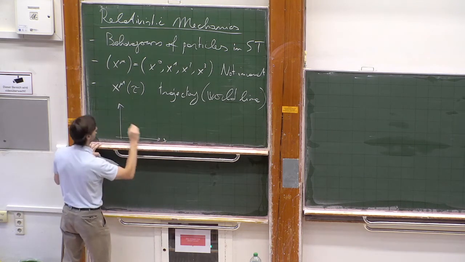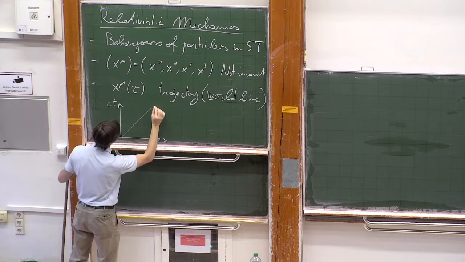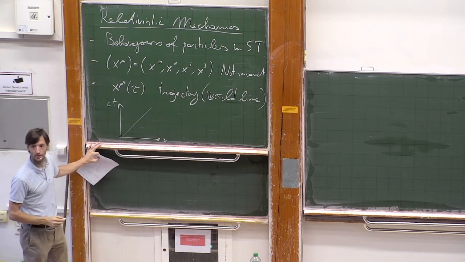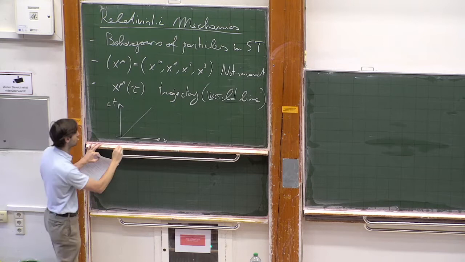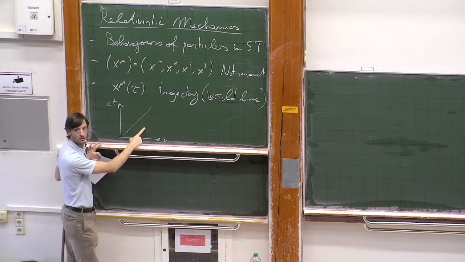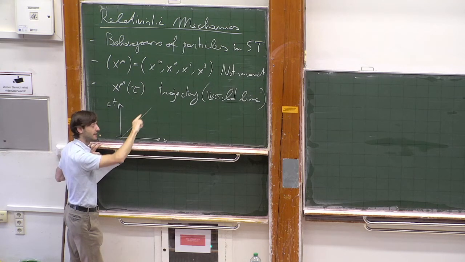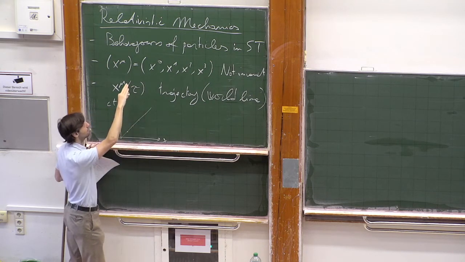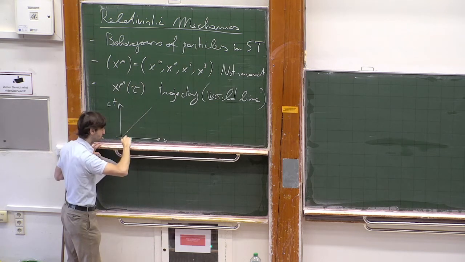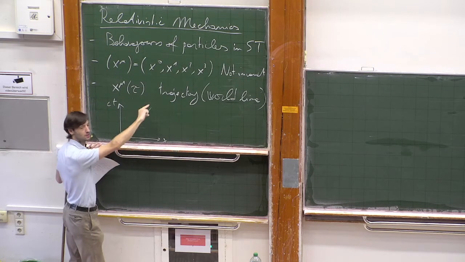Because again, we have x, ct, we have the diagonal, where photons are living. And photons can only be here, here, here, and here. They cannot be here. They move along, they are null. Their position along the world line would be this straight line.